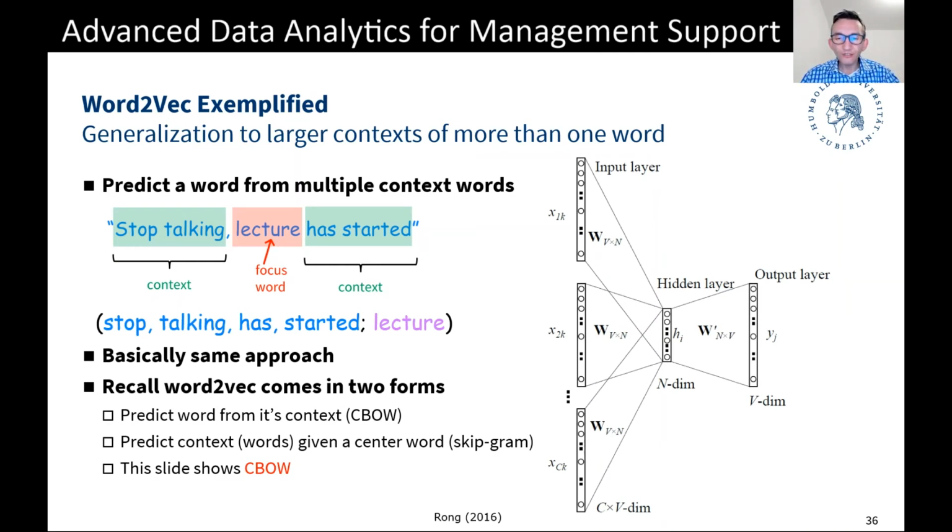So the architecture of our neural network also has changed a little bit, but only a little bit. We still have this n-dimensional hidden layer, and we still have the v-dimensional output layer. And that makes sense because CBOW predicts one target word from a surrounding context. And how large this surrounding context is, that's a meta parameter.